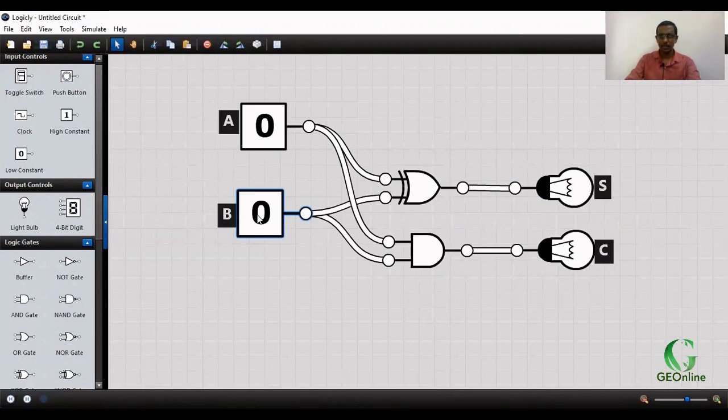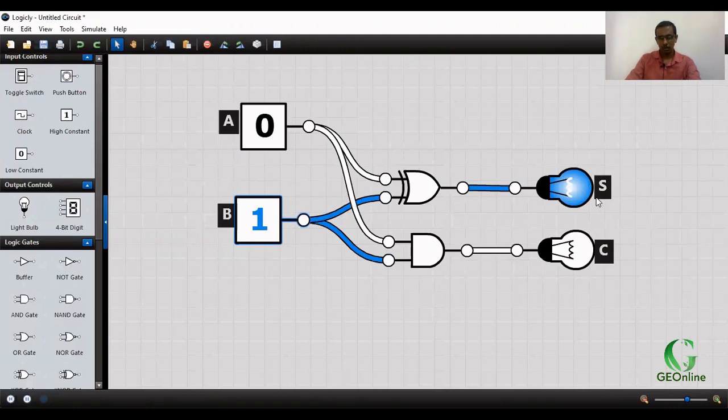Next, A is 0 and B is 1. Now 0 plus 1, sum is 1, or high. There is no carry, therefore C is in the low state.